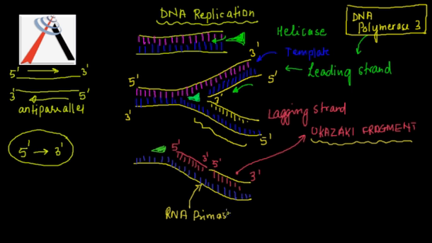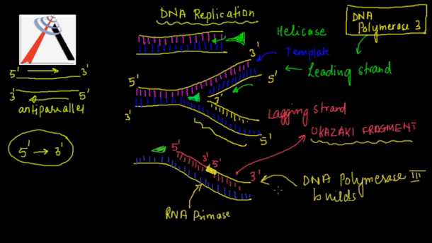This enzyme builds a small RNA fragment here, and on top of it the DNA polymerase 3 enzyme builds the part of the DNA. So DNA polymerase builds an Okazaki fragment. That's how it works.